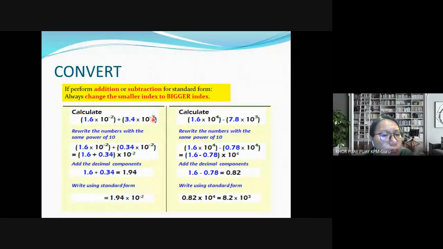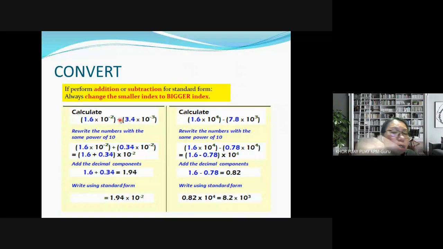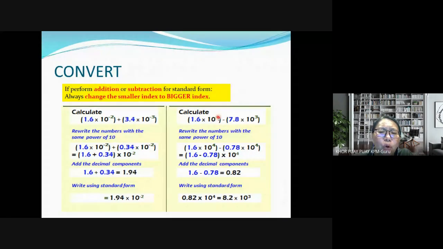So you must think, how do I make this -3 become -2? So we plus 1. If we plus 1, this decimal point must jump 1 step in front. Like for here, this is 10 power 4, this is 10 power 3. Then it's easier for us to see that 4 is bigger. So if 4 is bigger, I need to make this 3 become 4. So I also need to plus 1.